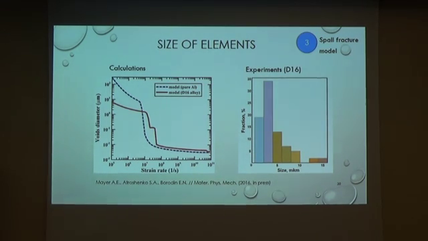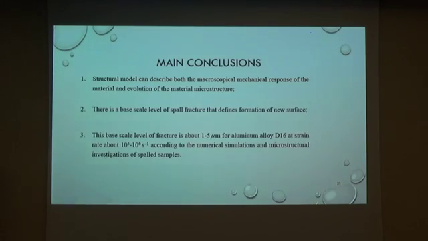And you can see that for aluminum D16 alloy at these strain rates, we have good agreement with our microstructural data. And then we can conclude that the structural model can describe both the macroscopic mechanical response of the material and the evolution of the material microstructure.